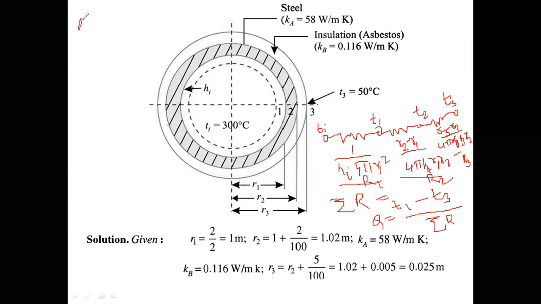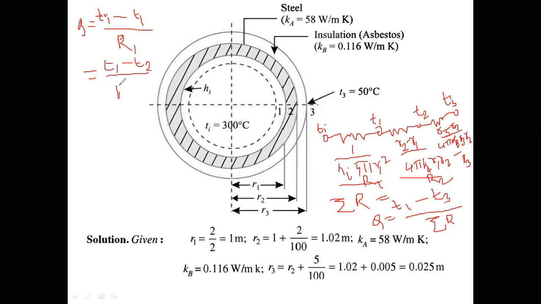So Q equals to, the first one will be Ti minus T1 divided by R1. Same way equals to T1 minus T2, because this is steady state, so each part of Q will remain same.